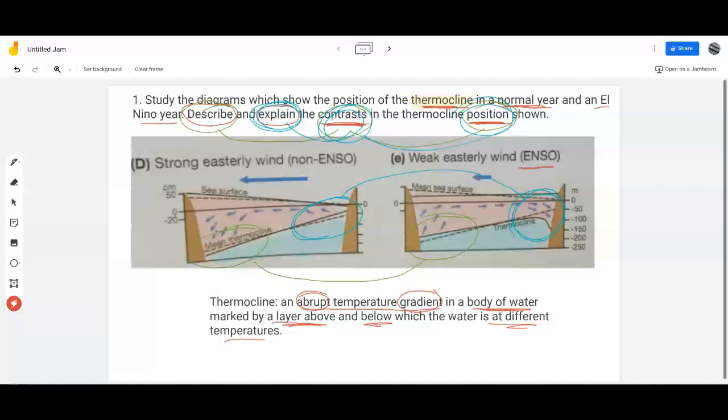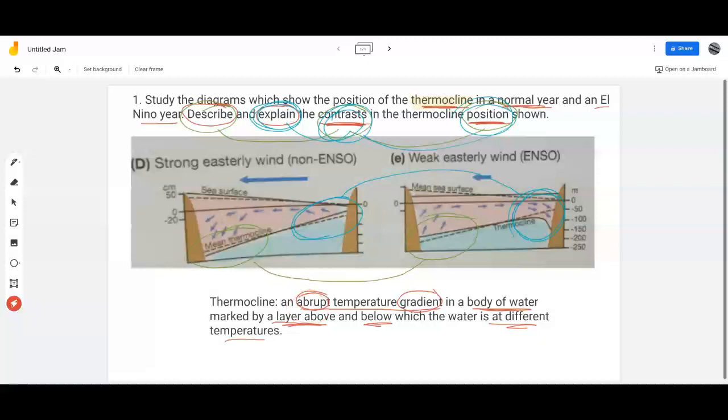When you get an ENSO year, El Nino year, you get either the weakening of the trades or the reversal of them, which causes the water to move from the west to the east, reducing the amount of warm water here, making it not extend down as deep, leading to a surplus or build-up of warm water here, making it deeper. So that's your thermocline, your abrupt change, showing where the warm water is.